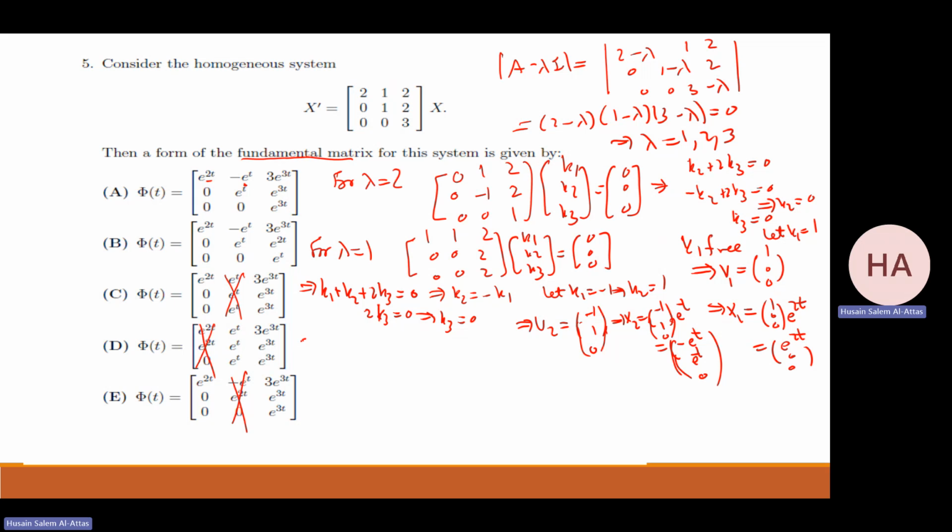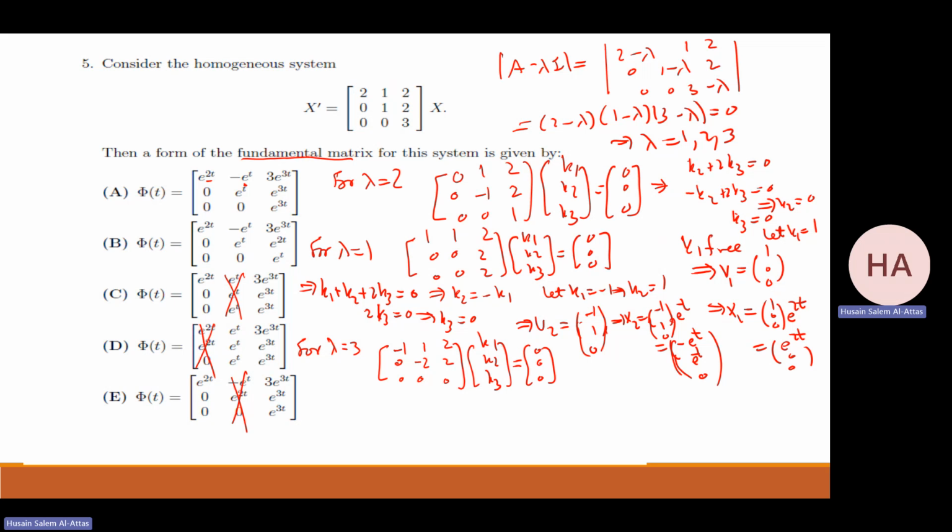Now we'll come to the last one. For lambda equals 3, what are we getting? 2 minus 3, minus 1, 1, 2, and 0, 1 minus 3, that is minus 2, 2, 0, 0, 0 times k1, k2, k3 equals 0, 0, 0.